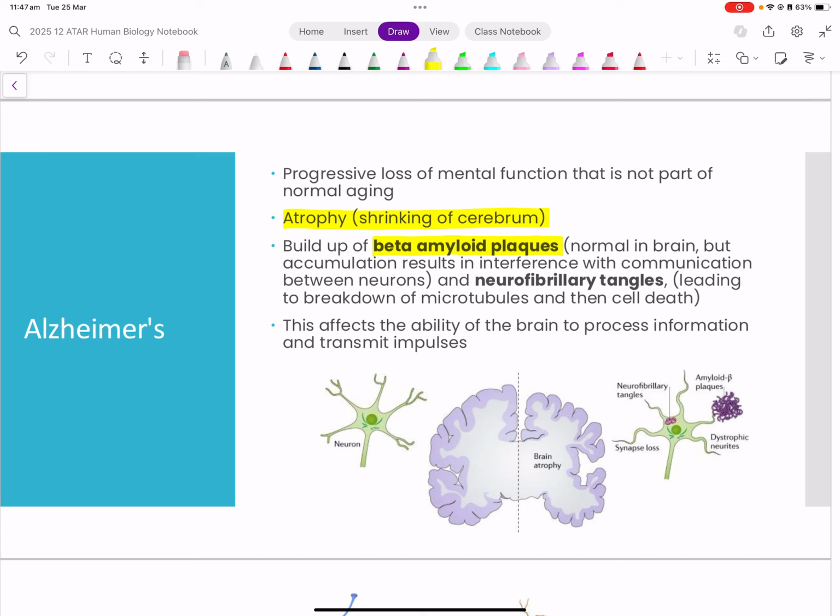We also get a bit of a buildup of the neurofibrillary tangles, and that leads to the breakdown of microtubules. Now, microtubules are really important parts of the neuron's cytoskeleton, if you like. They provide support and act as a bit of a transport system for nutrients and other materials.